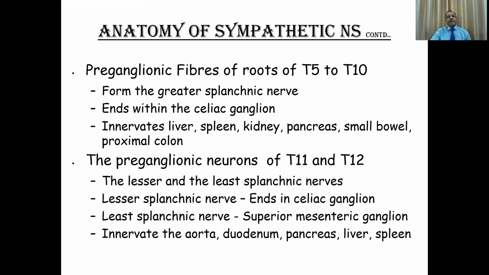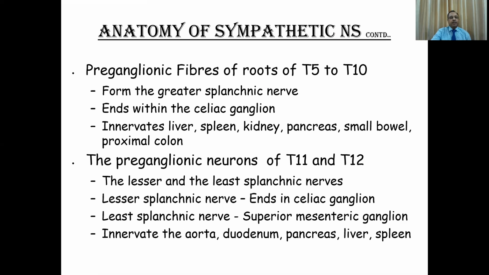The preganglionic fibers of the 5th thoracic segment to the 10th thoracic segment form the greater splanchnic nerve, which ends within the celiac ganglia and innervates the liver, spleen, kidney, pancreas, small bowel, and proximal colon.